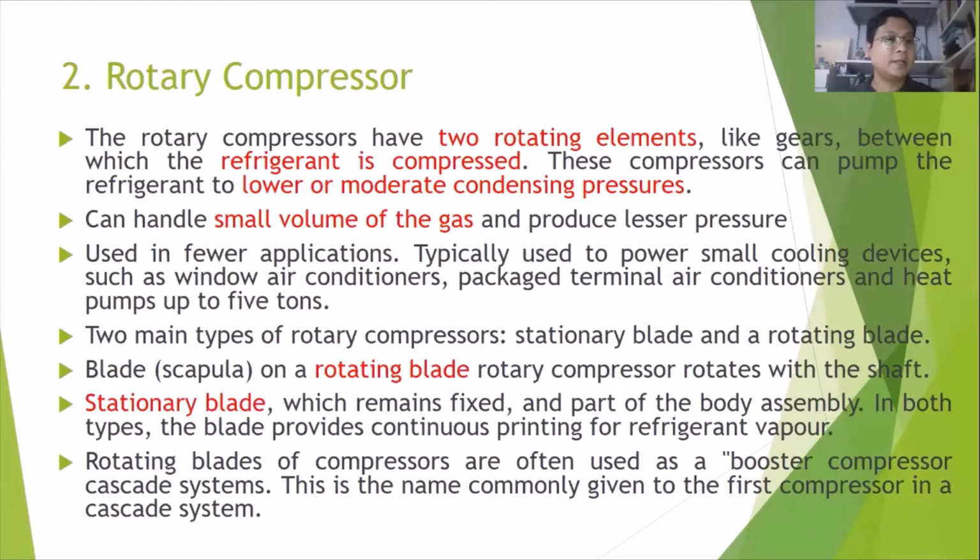And then next, two main types of rotary compressor, stationary blade and rotating blade. So we have two types here. Sometimes the blade is moving, but sometimes the blade is static. And then next, the blade or scapula on the rotating blade rotary compressor rotates with the shaft.